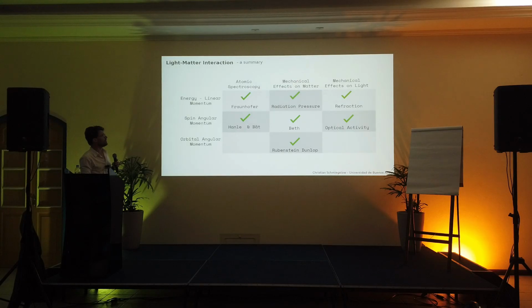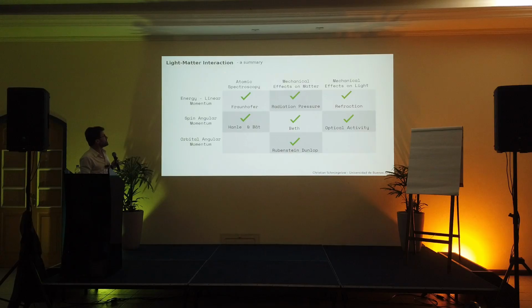And the other way around, light can turn matter, either by pushing it, or by rotating it because of polarization, or by rotating it because of the angular momentum. But then we have these 2 holes here, which I will address today. One of them is the mechanical effects of light. So how can light that has angular momentum be turned by matter? And I will discuss that at the end of today.